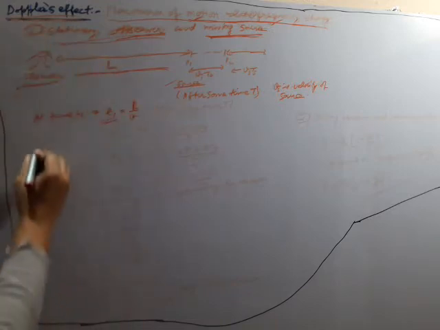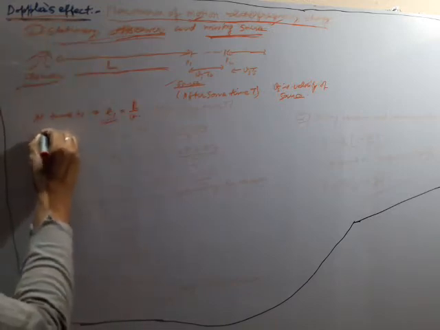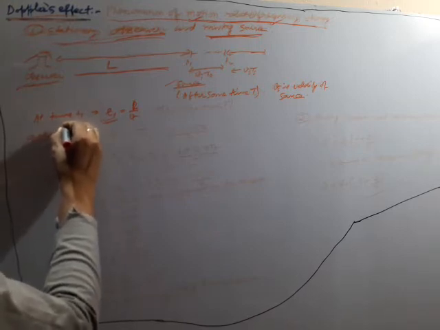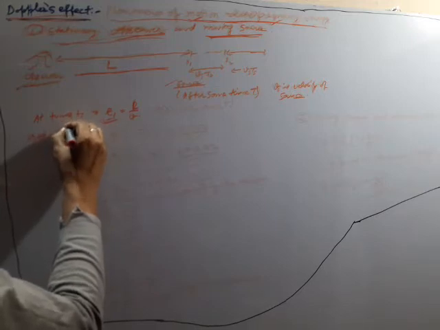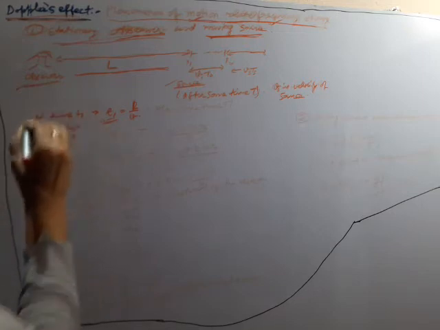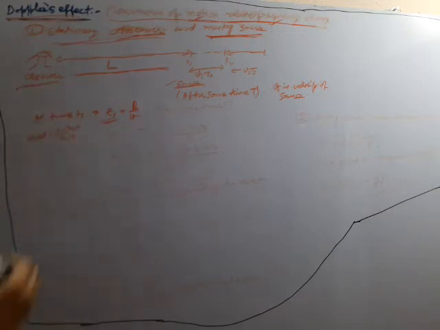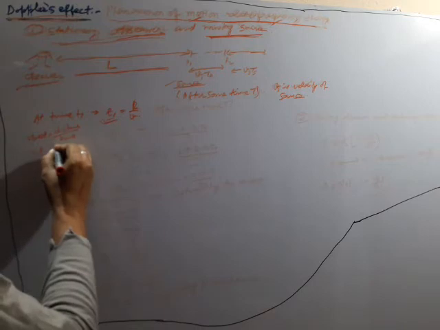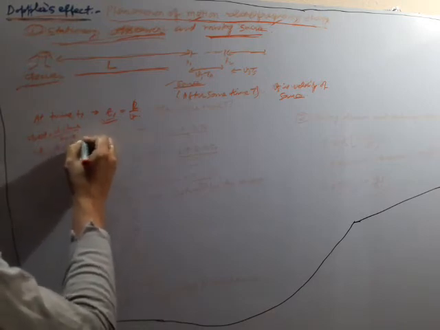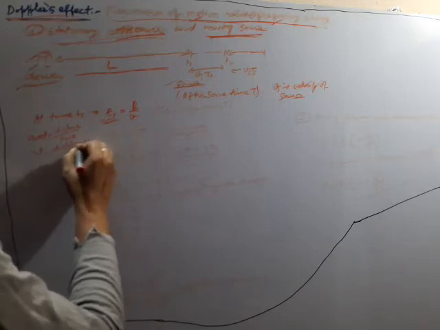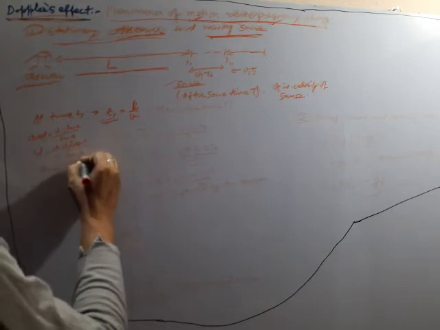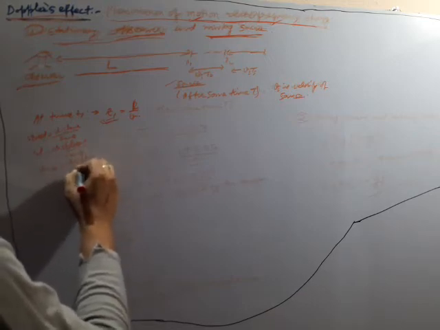Try to understand. Speed is equal to distance by time. Velocity is equal to displacement by time. Then how do you get time? Time is equal to displacement by velocity.